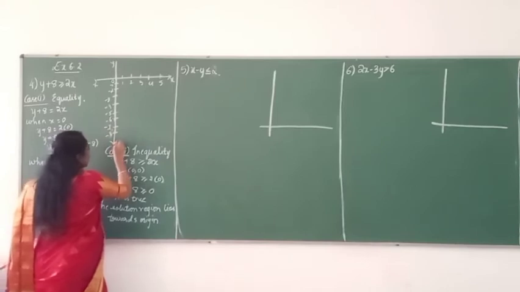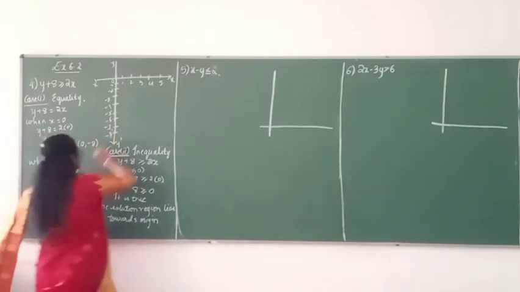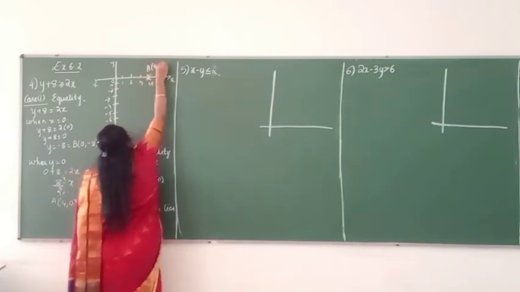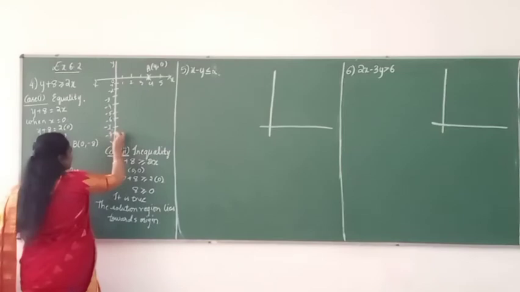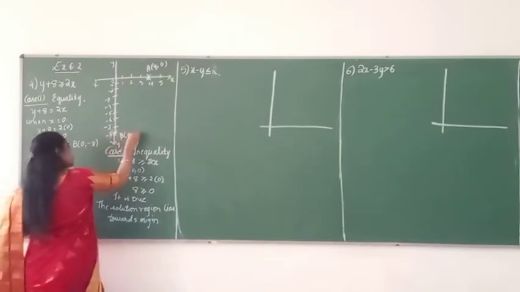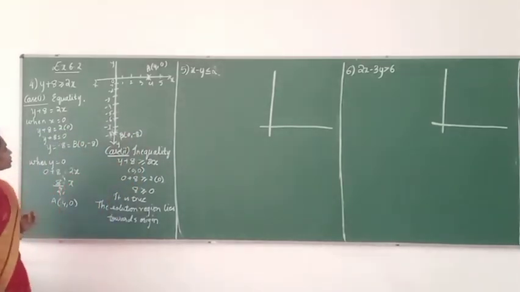This is nothing but your y dash. Okay, you just plot the points. A is nothing but what? 4, 0 and B is nothing but 0, -8. Okay, as it is greater than or equal to, it is nothing but a bounded line.